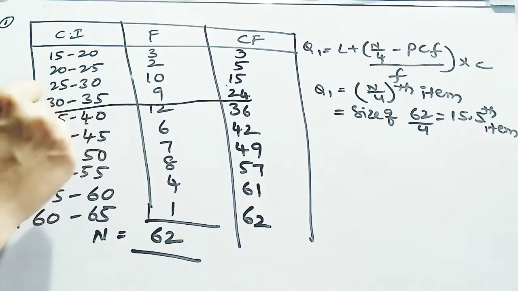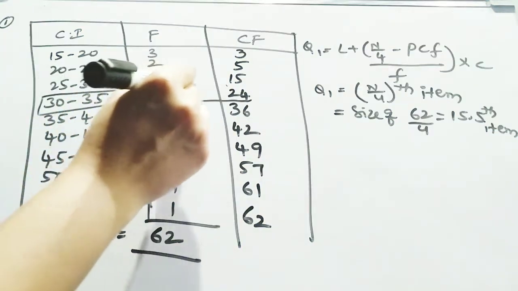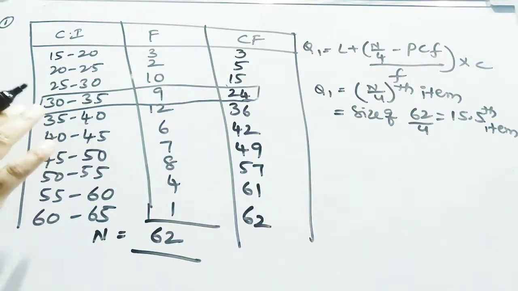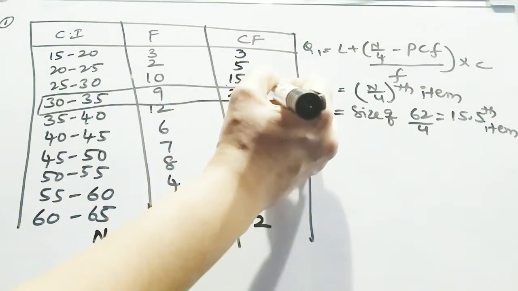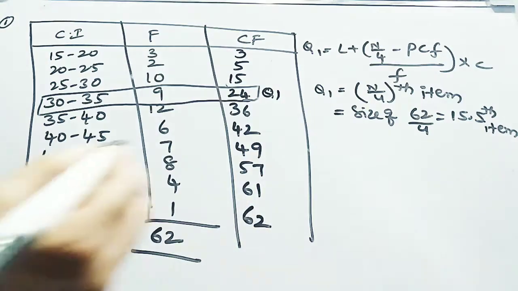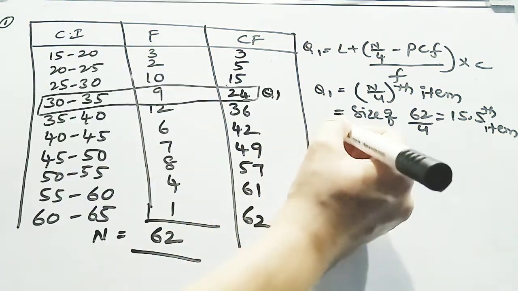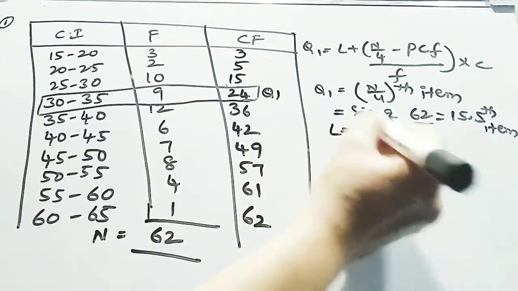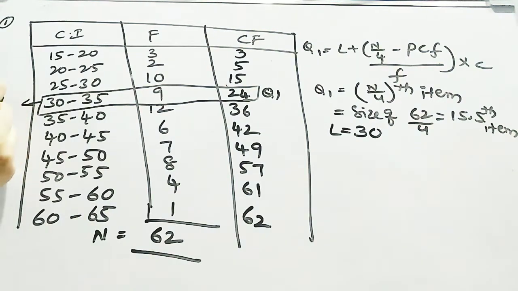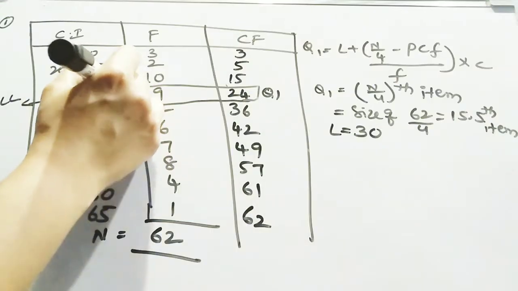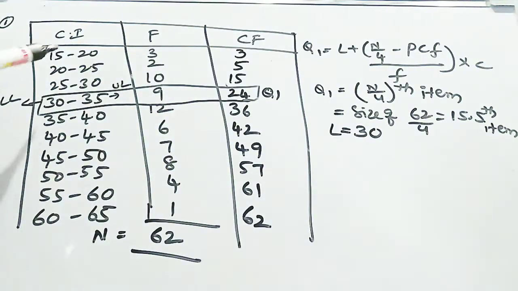So 24 lies in the class interval 30 to 35. For that, the lower limit of Q1 is 30. This is called your lower limit, and this is called your upper limit. The upper limit of the first row will be the lower limit of your second row.